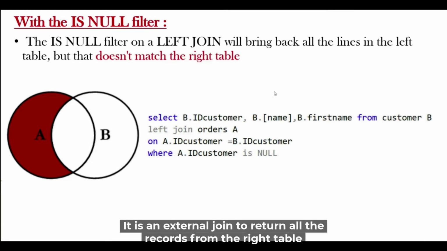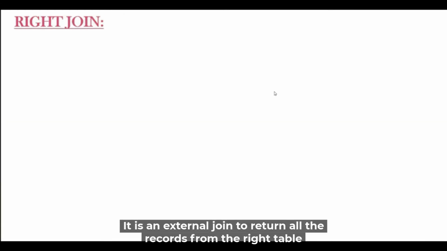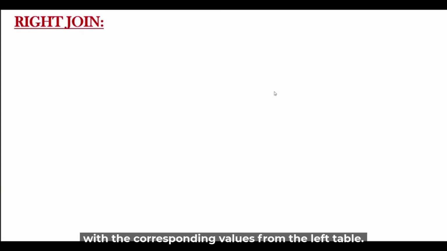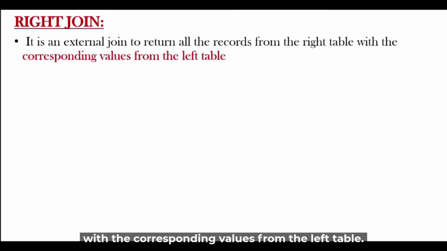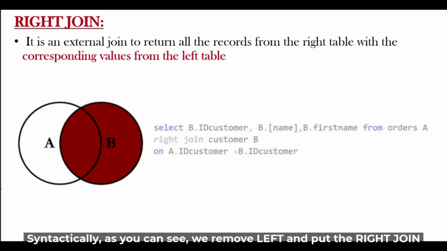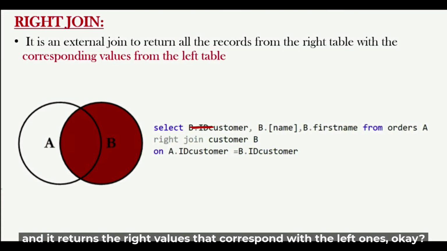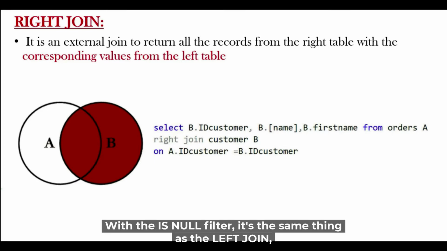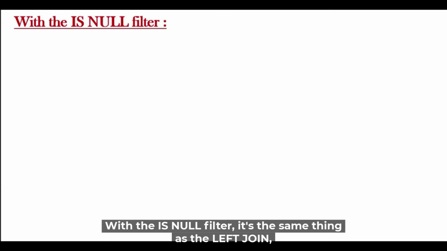It's the same thing for the right join. It's an external join that returns all the records from the right table with the corresponding values from the left table. Syntactically, as you can see, we remove left and put right join, and it returns the right values that correspond with the left ones. With the is-null filter, it's the same thing as the left join.